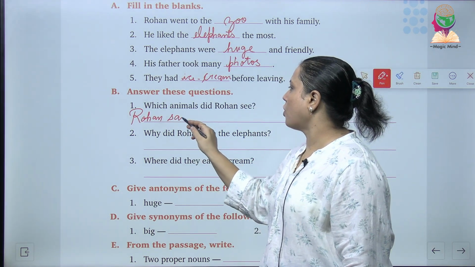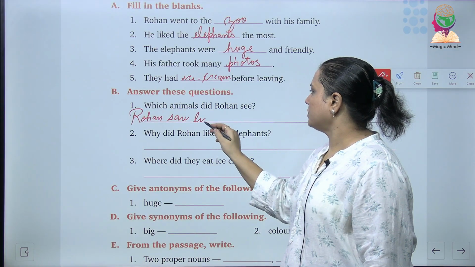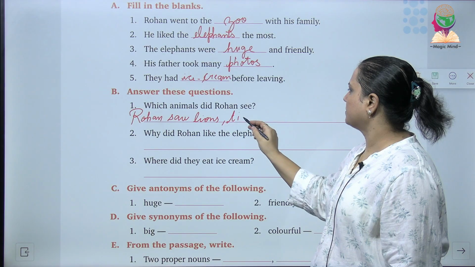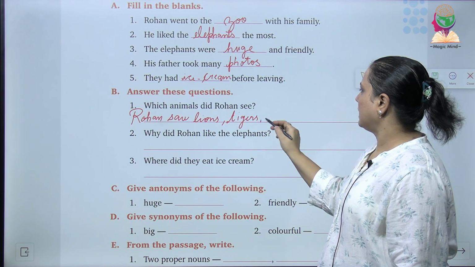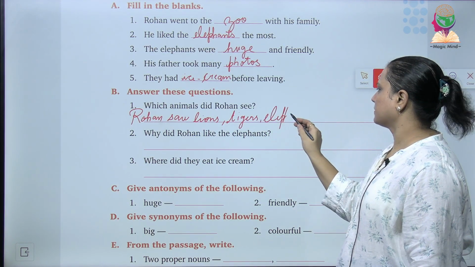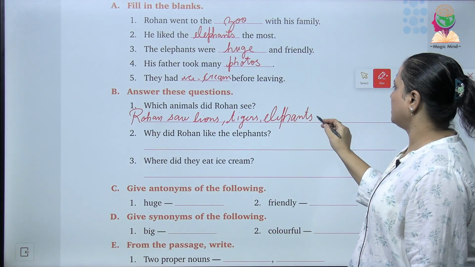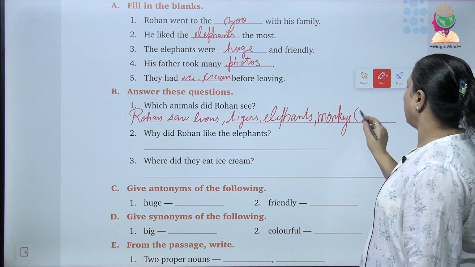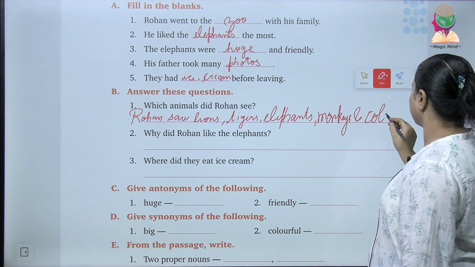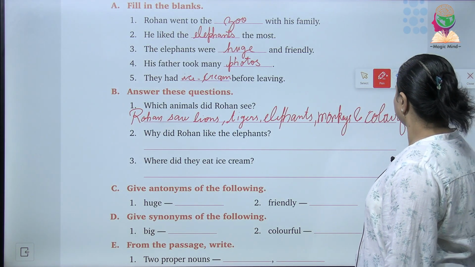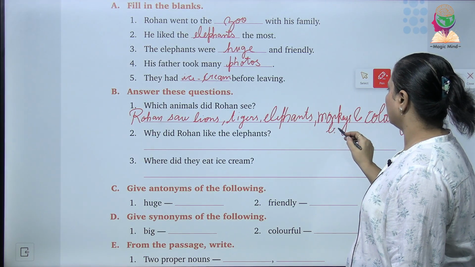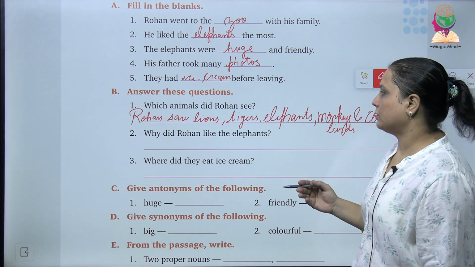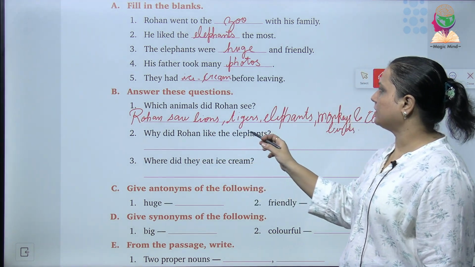Rohan saw lions, tigers, elephants, monkeys and colorful birds. Colorful, B-I-R-D-S birds.